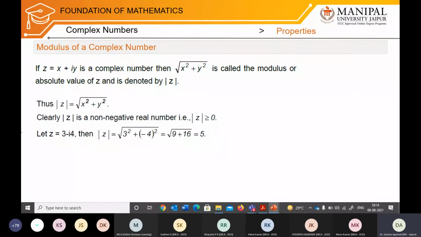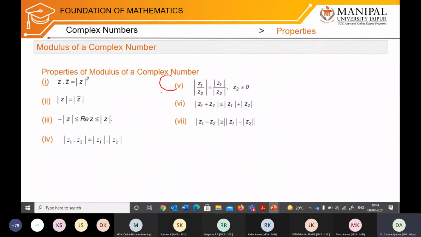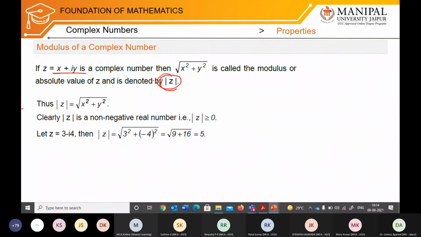If z is x plus iota y, then the modulus is denoted by mod z. This is the notation for mod z, and the value of mod z is root of x square plus y square: the square of this term plus the square of this term, and then the root. This is mod z.